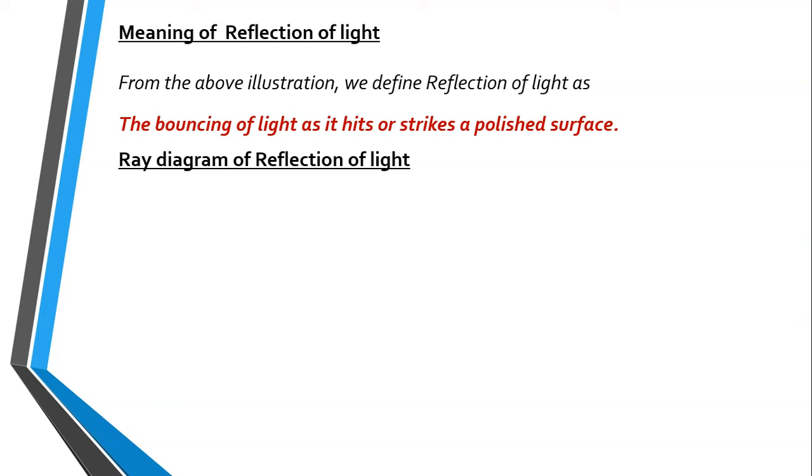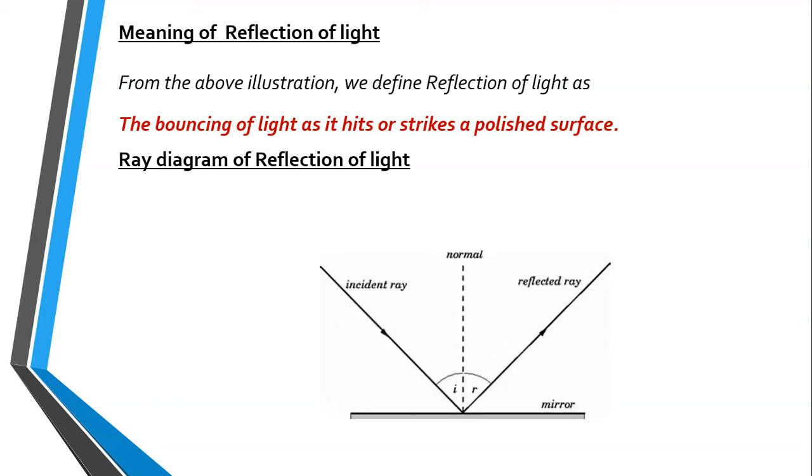So let's look at the summary of the diagram, how it looks. Alright, so this is the diagram, and any ray diagram you're supposed to draw should be like this.